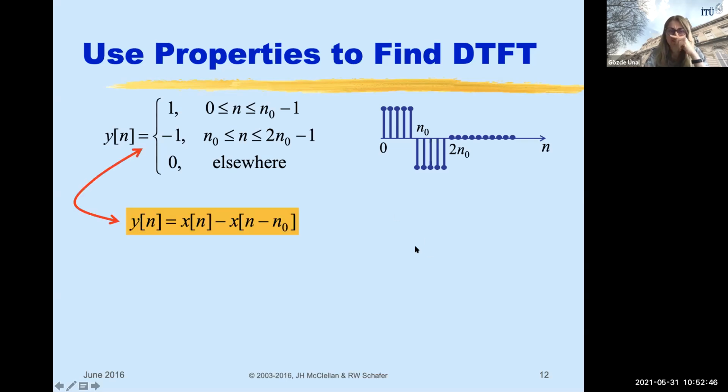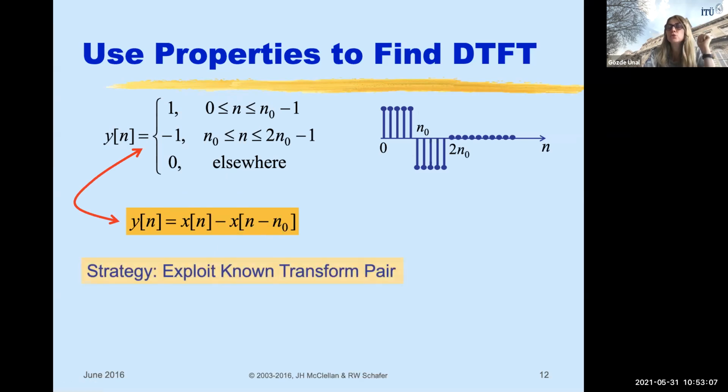Let's do that. We write y of n as x of n minus x of n minus n0. x of n is this part, and we shift it by n0, multiply it by -1, and add them up. So we use the linearity property, and we want to exploit known transform pairs. We don't want to calculate from scratch.